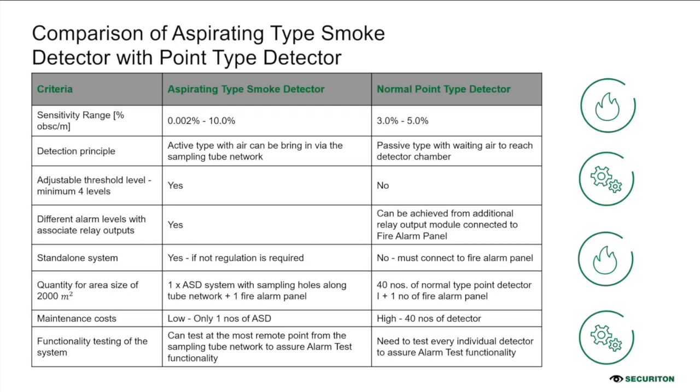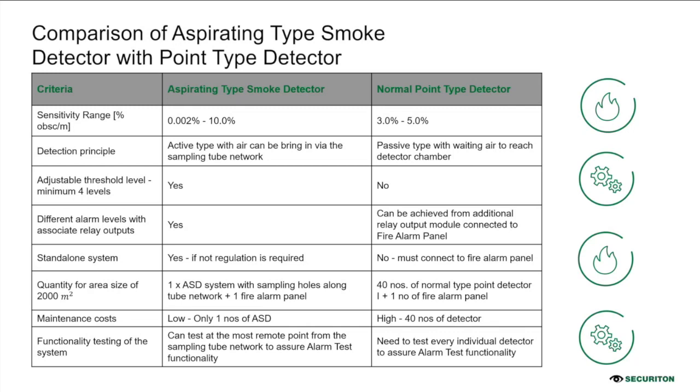And if you look into the detection principle, it's an active detector. Why do we call it active? Because it actively samples the air through the network tube, and it's evaluated, whereas the point type detector is passive: it sits there and waits for the smoke to travel towards it. So it takes a longer period of time to capture it.